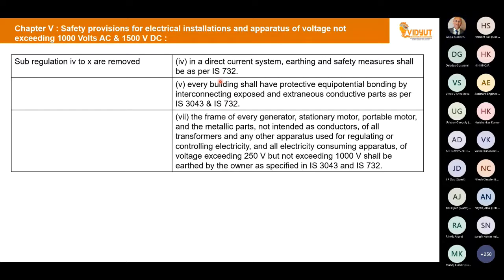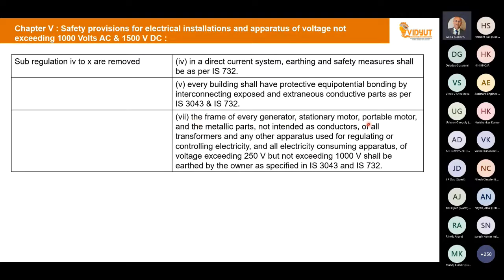Whereas protective equipotential bonding was rarely carried out in Indian buildings. Now the regulation has very clearly written it. As a result, the electrical inspectors will verify the integrity and the reliability of this particular bonding. However, if you do all the tests, it is automatically included.